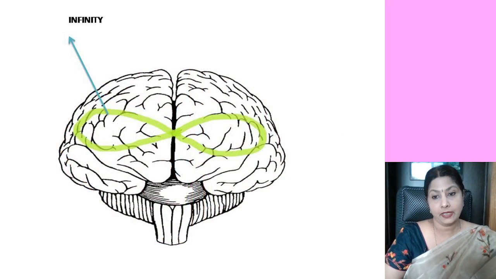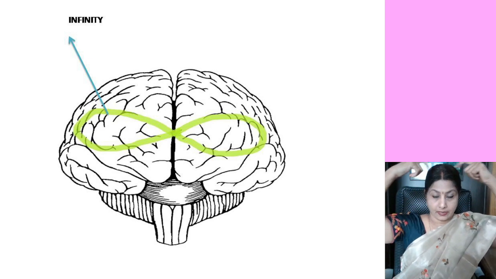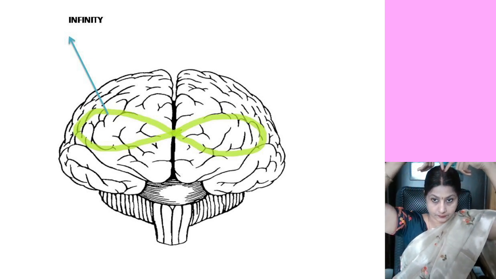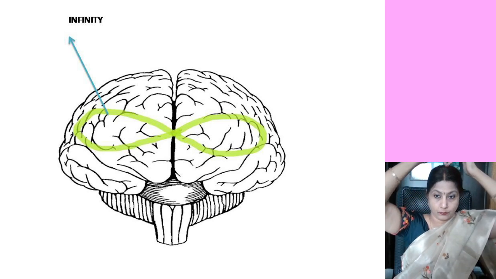So now we have the infinity symbol within our head. The source of the infinity symbol that we use in mathematics is the way the brain waves move within our head during a Kundalini awakening process. They move something like this, and they move backwards, crisscrossing, and they again move like this.